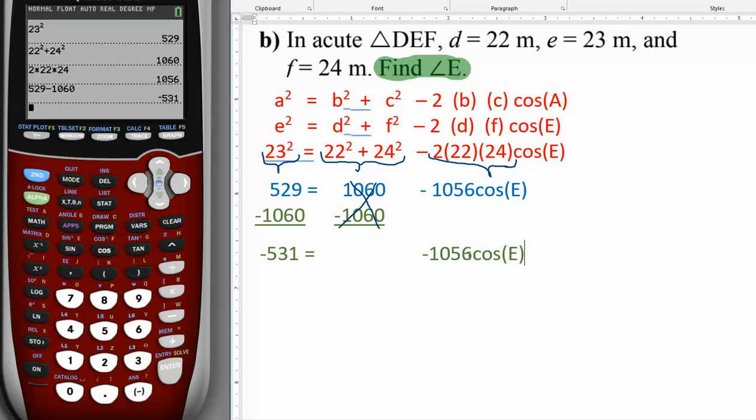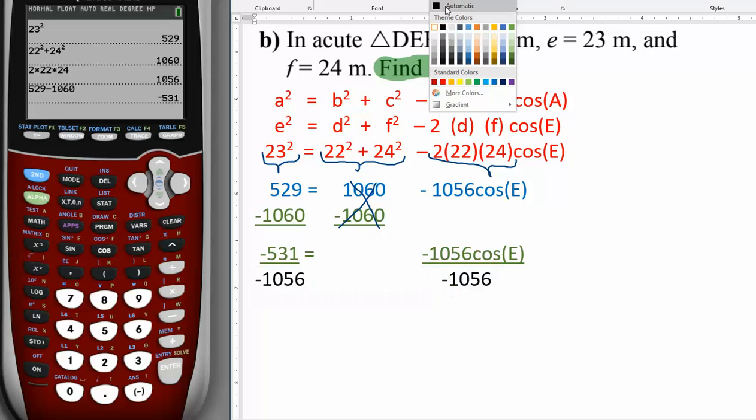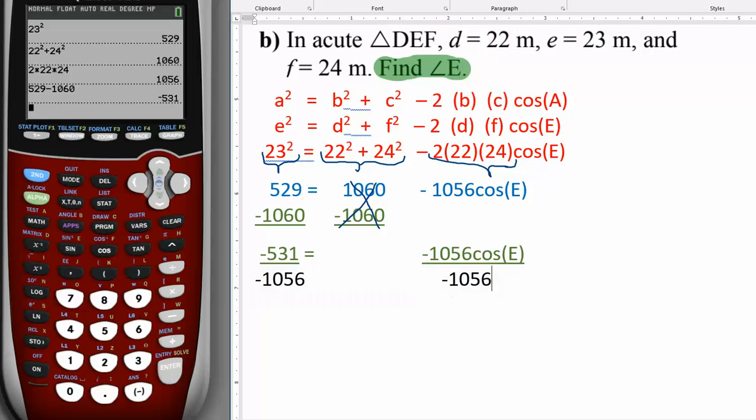Now, how is the negative 1056 attached to the cosine of E? They're being multiplied. Inverse operation there. We're going to have to divide. So we're dividing by 1056.